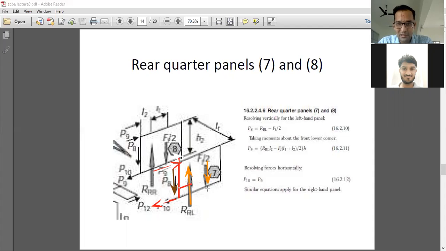Minus FL by 2 multiplied by L1 plus L2. L1 plus L2 is the distance from the joint region to the FL by 2. So we have this particular expression. And in our case, we are considering P10 is equal to P9. Why? Because equilibrium condition is required for observing all loading criteria. Okay, so this is the panel number 7 and 8 observation.